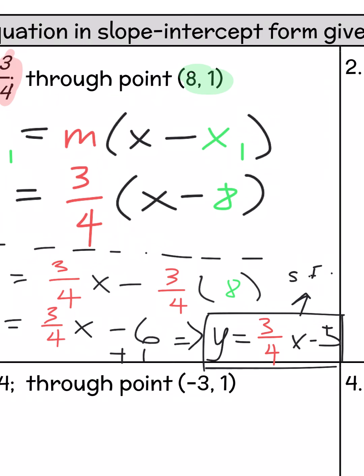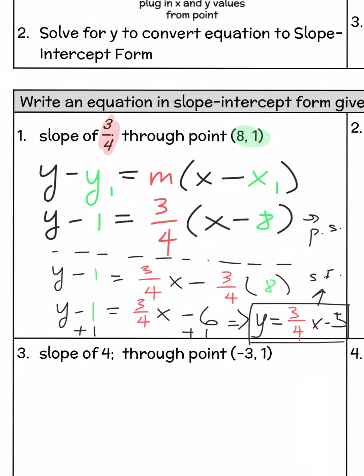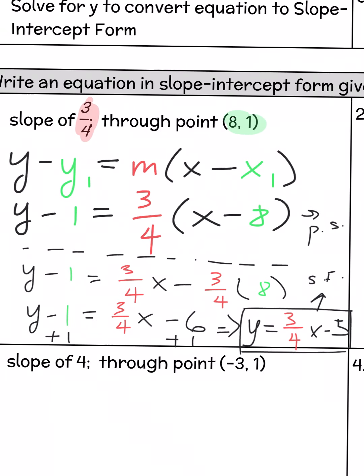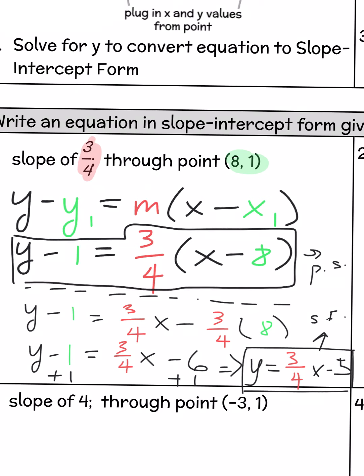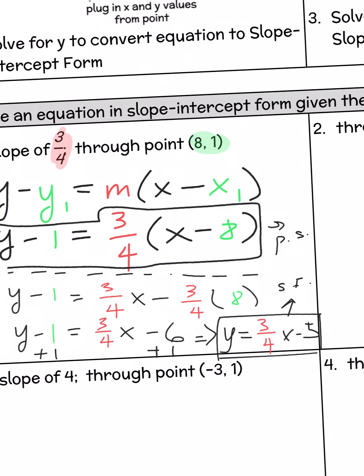And I'm going to call this one point-slope, here, PS. Okay? That's my equation here.